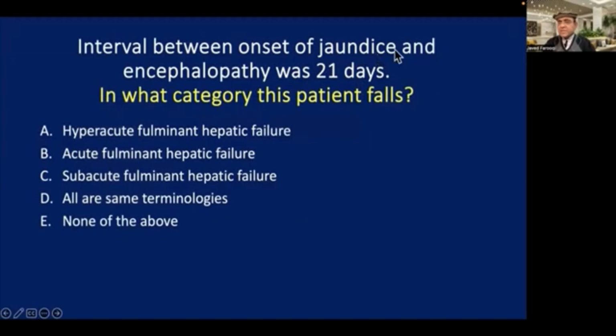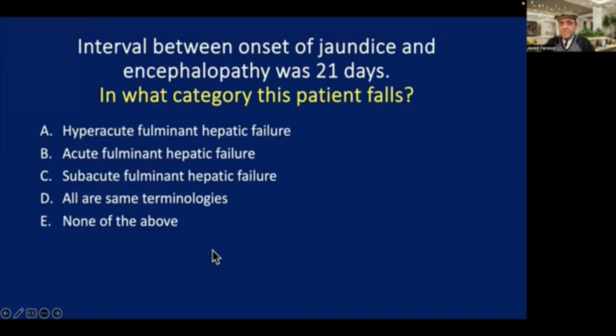Interval between onset of jaundice and encephalopathy was 21 days. In this case, 21 days has passed. So in what category does this patient fall, according to you? What do you think? She's a case of hyperacute fulminant hepatic failure, acute fulminant hepatic failure, subacute fulminant hepatic failure, all are same terminology, or none of the above.